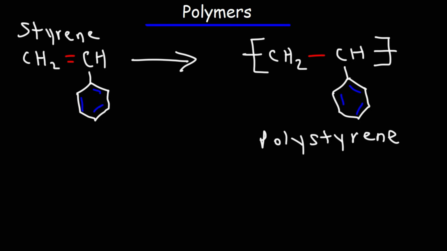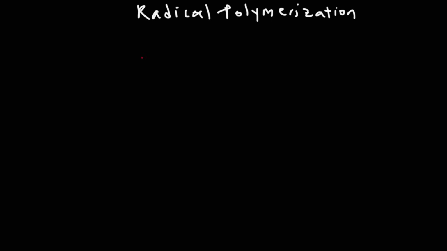Now let's talk about the reaction mechanism for the formation of some of these polymers. So first, let's use vinyl chloride. The first type of polymerization mechanism we're going to talk about is radical polymerization. The initiator is going to be a radical. So let's say we have an organic peroxide.